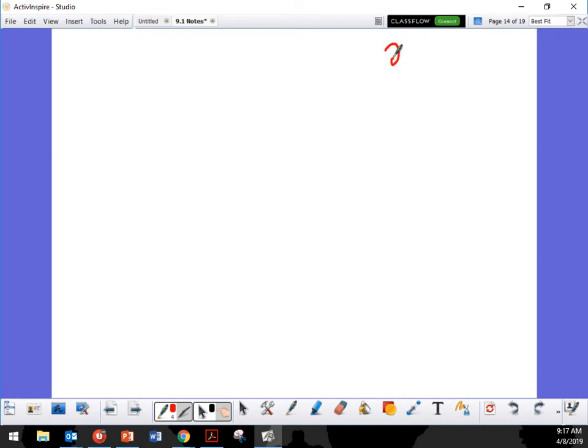So it's the whole thing, which is 2 pi divided by 2, which is going to give me just pi per 1 second. So it's pi per second in this case. That gives me the speed at which this is traveling, right? So every 2 seconds, it's going to make a whole rotation.